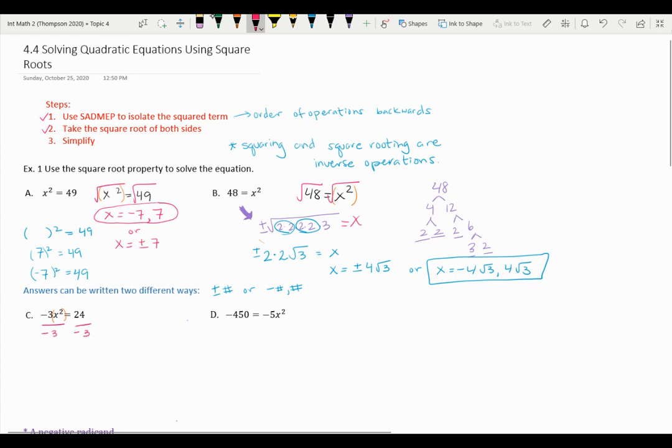Make sure you divide and don't add. Then I'm left with x squared is equal to negative 8. To get x by itself, I take the square root of both sides.